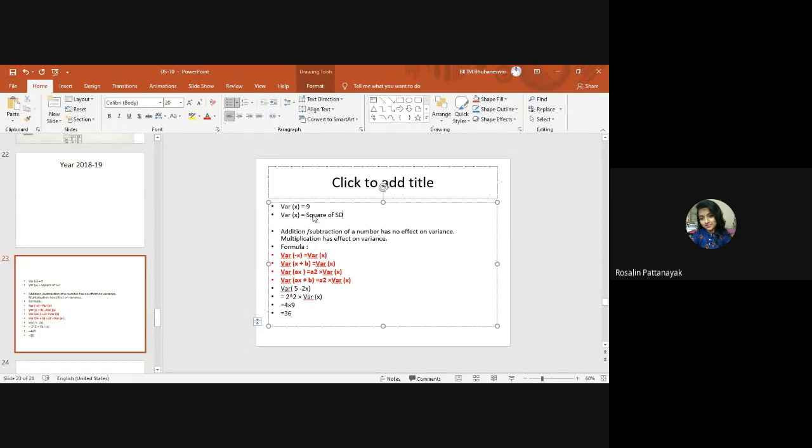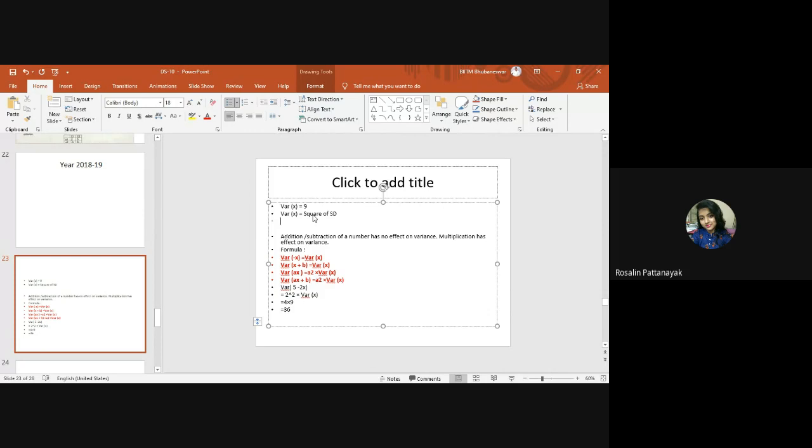If you calculate only the standard deviation, it equals the square root of variance of x.